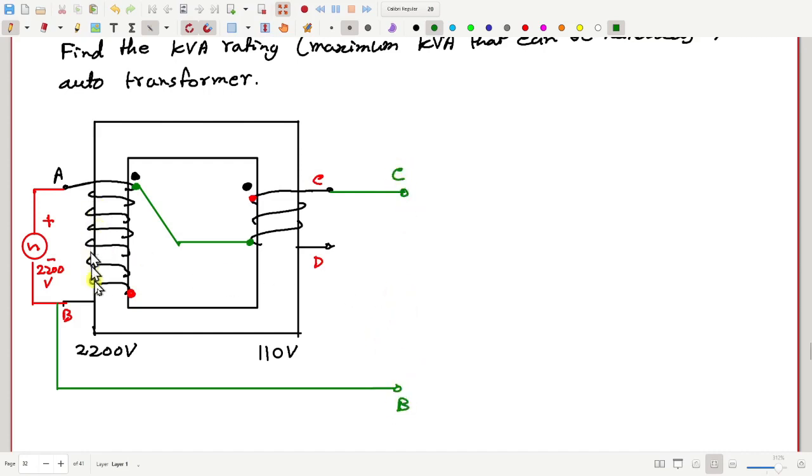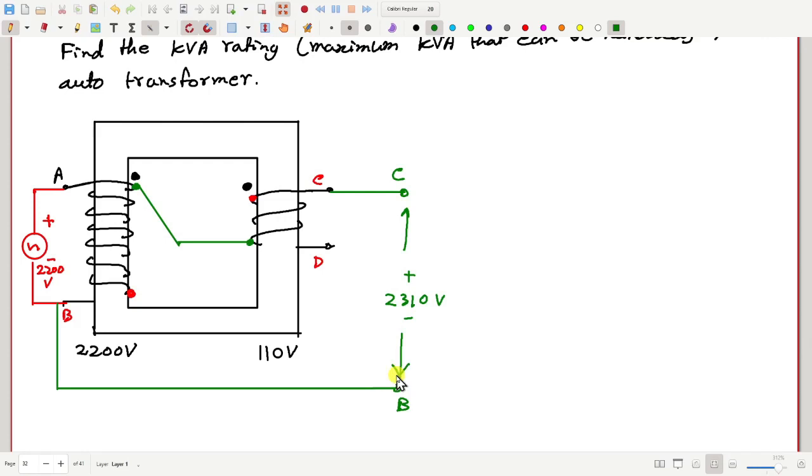Again, the two voltages are added here, 2200 and then 110. So this voltage is 2310 volt. Is that fine? So this is how we can connect this two winding transformer like an auto transformer.